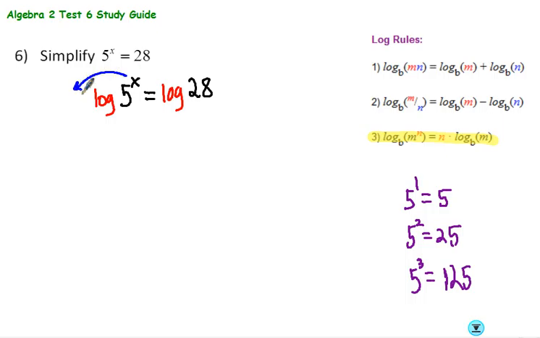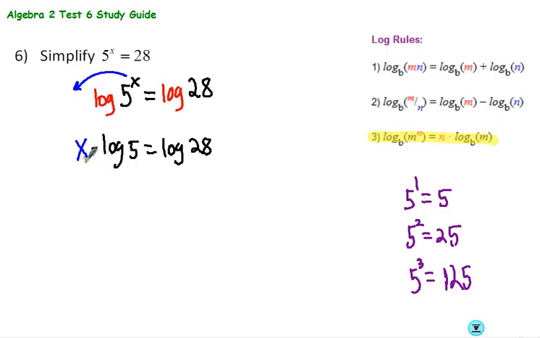I'm going to pull this down over here, and rewrite that as x times log of 5 equals log of 28. And again, what we did there is we're trying to get x by itself, but I can't get x by itself if it's stuck up there in the tree, as an exponent. So all I'm doing is bringing it down first to begin the process of getting it by itself.